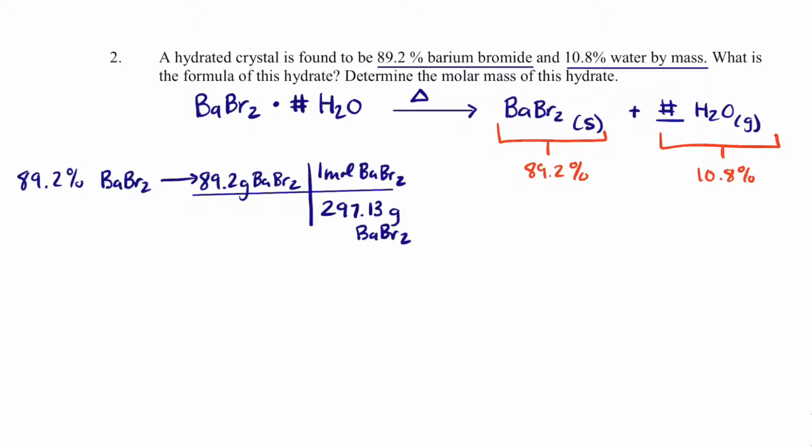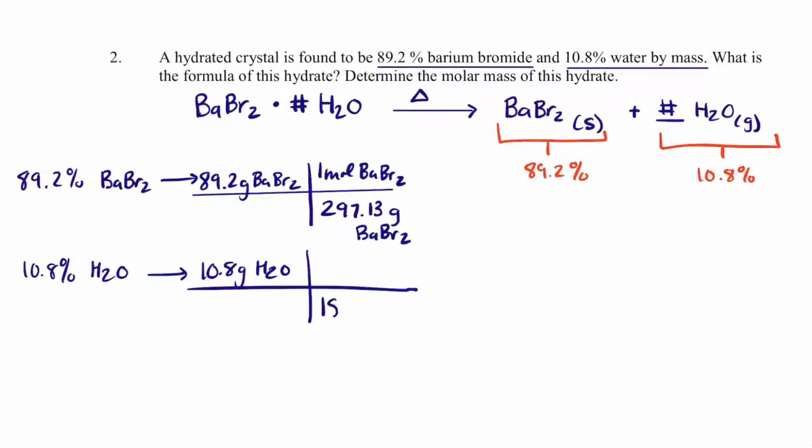And then I'm going to take 10.8% of water, and I'm going to convert that to 10.8 grams of water. There are 18.02 grams of water for every 1 mole of water. When I plug this into my calculator, I get 0.300 moles of BaBr2.